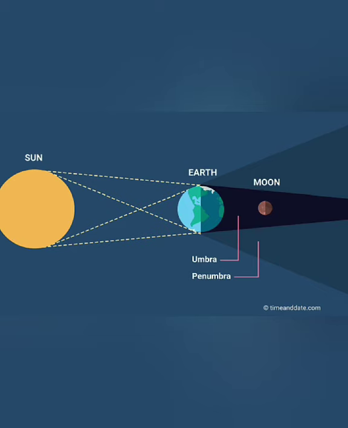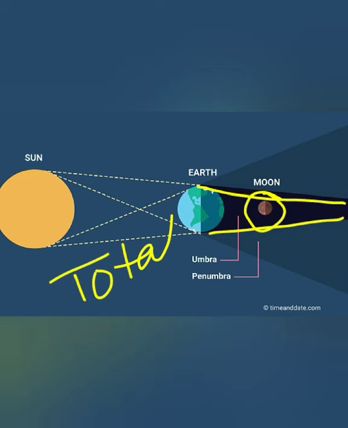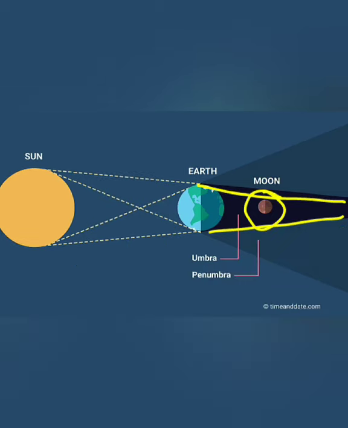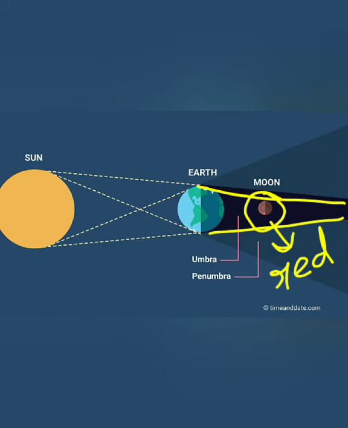Now, if this shadow of the earth covers the moon completely, then there is a total lunar eclipse. And in this case, the moon looks red because of the refraction of light due to Earth's atmosphere.